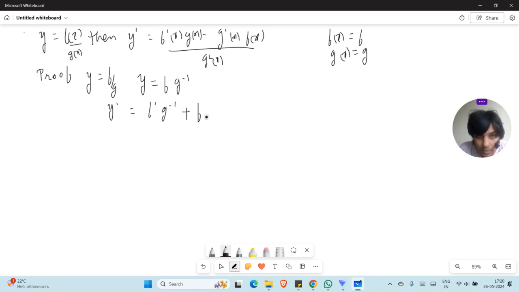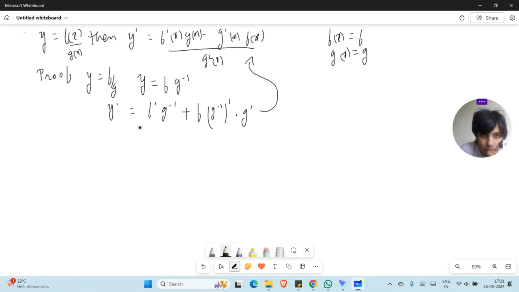So we will keep f as it is, and we will differentiate g inverse, and while doing that, we need the derivative of g as well. So it will go like this, applying the chain rule here. Now we have to manipulate it to make it look something like this.